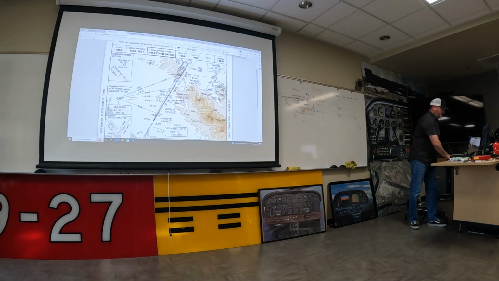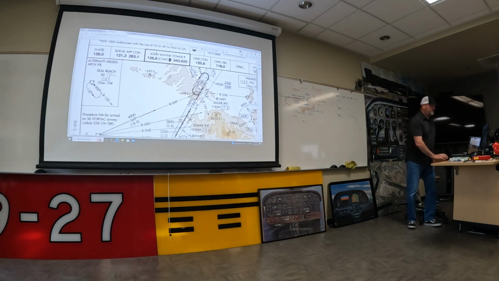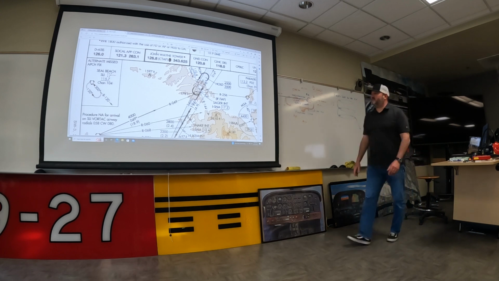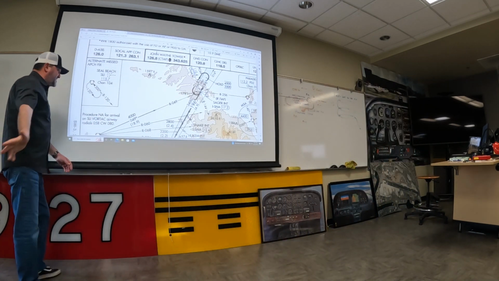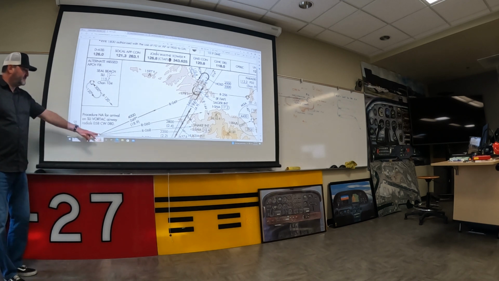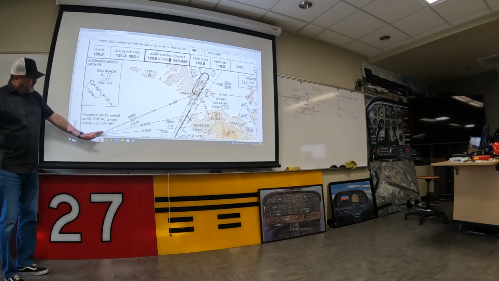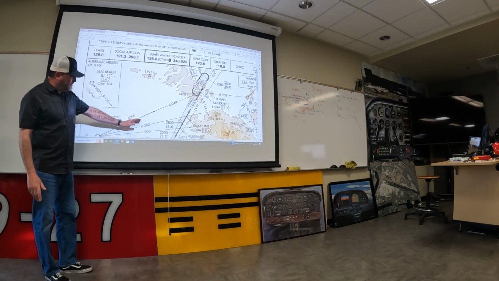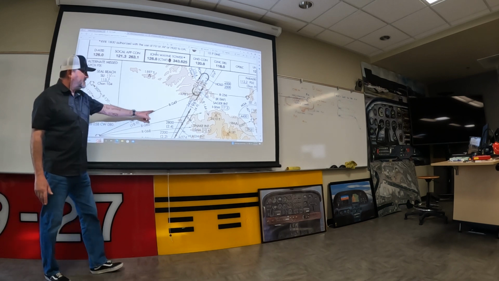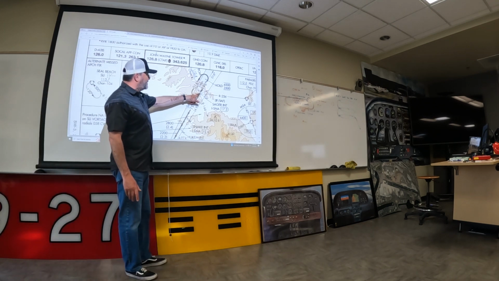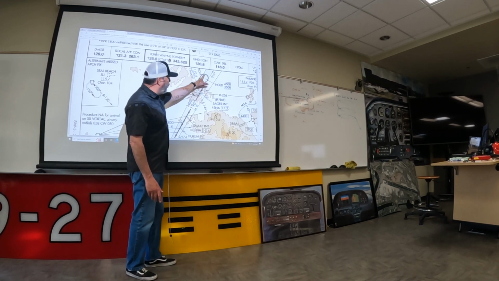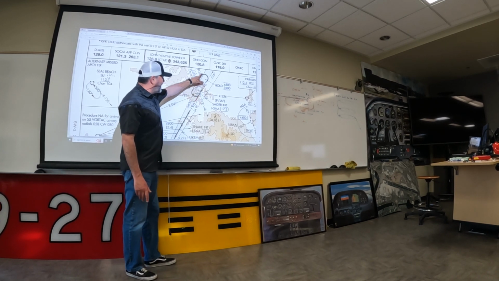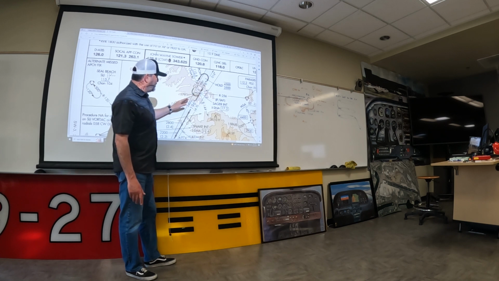So now, looking at the approach, let's discuss what we would do. You're coming from this direction. We got ourselves to Seal Beach. Here, we're inbound on a course of 049 at 4,000 feet to Sager intersection, but we see that there's a hold in this direction, but I'm going that way.